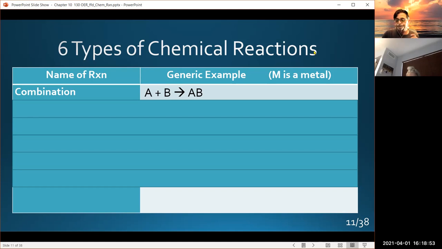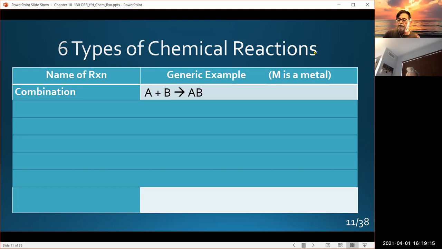Combination reaction. Now, we put it up in generic terms here with the letters A and B in hopes that when you look at a chemical reaction, you can identify the type of reaction, though you may not know what the chemicals are, or maybe not recognize them.